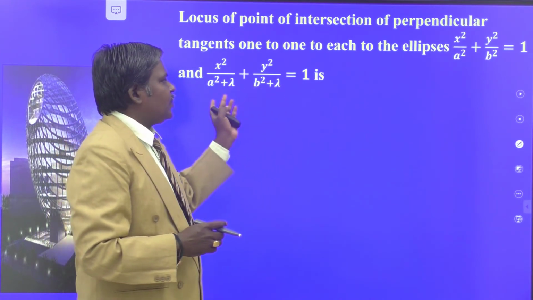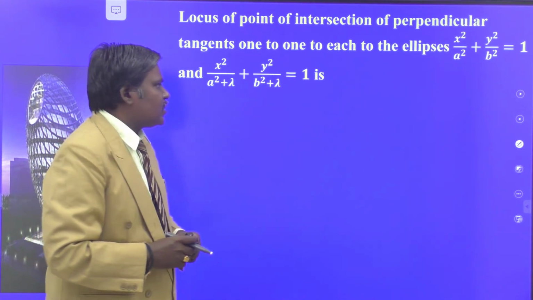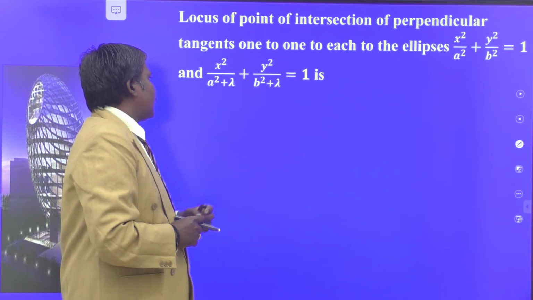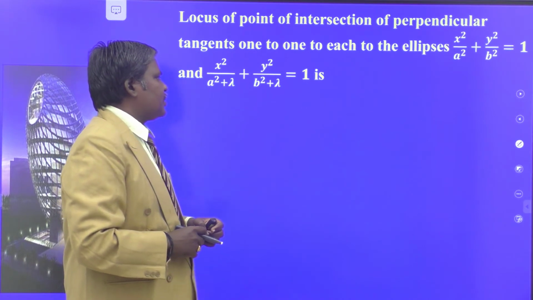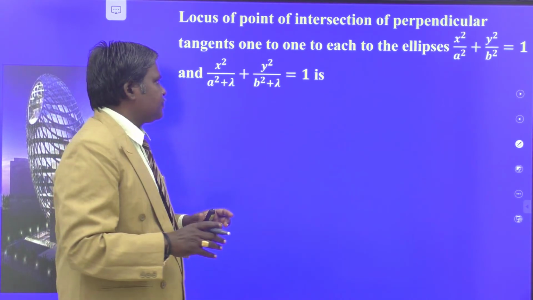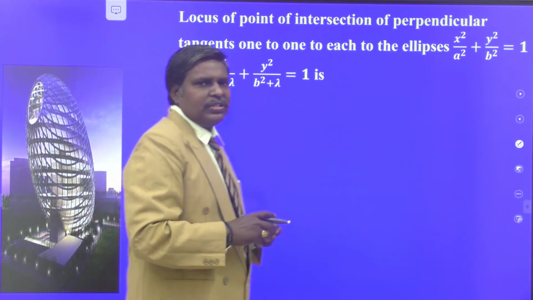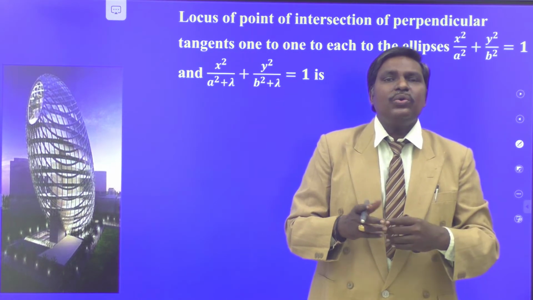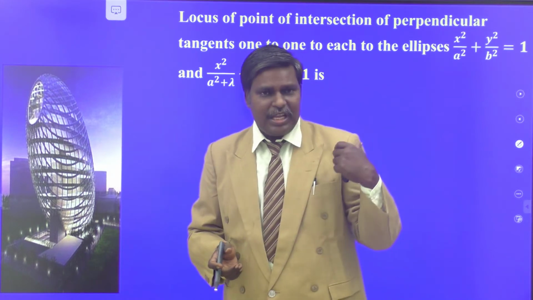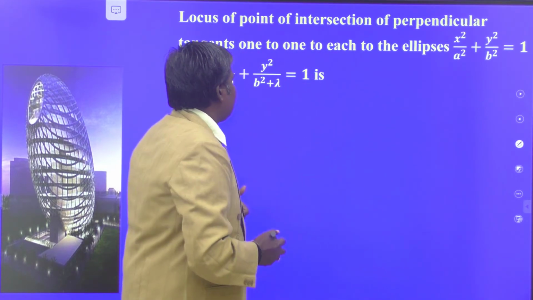So there are two ellipses. x²/a² + y²/b² = 1 is one ellipse, and x²/(a²+λ) + y²/(b²+λ) = 1 is another ellipse. We are going to find the locus of point of intersection of perpendicular tangents drawn to each of these two ellipses.